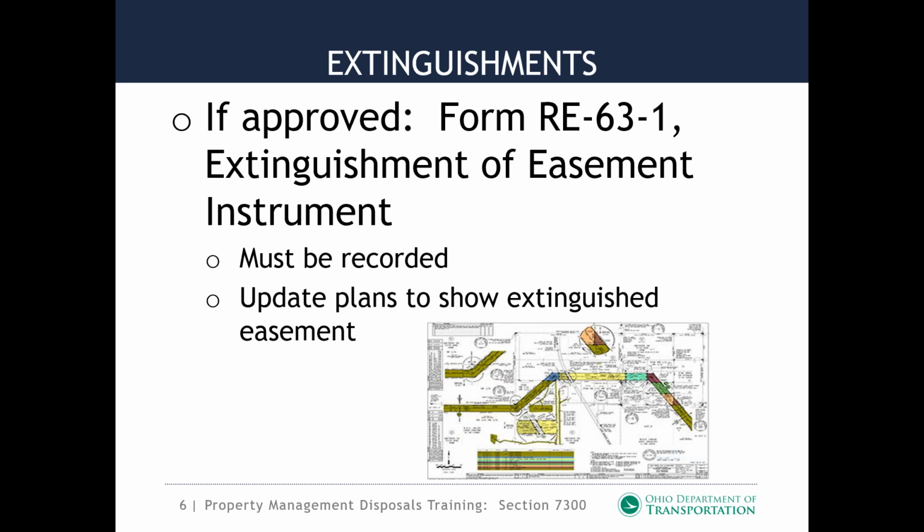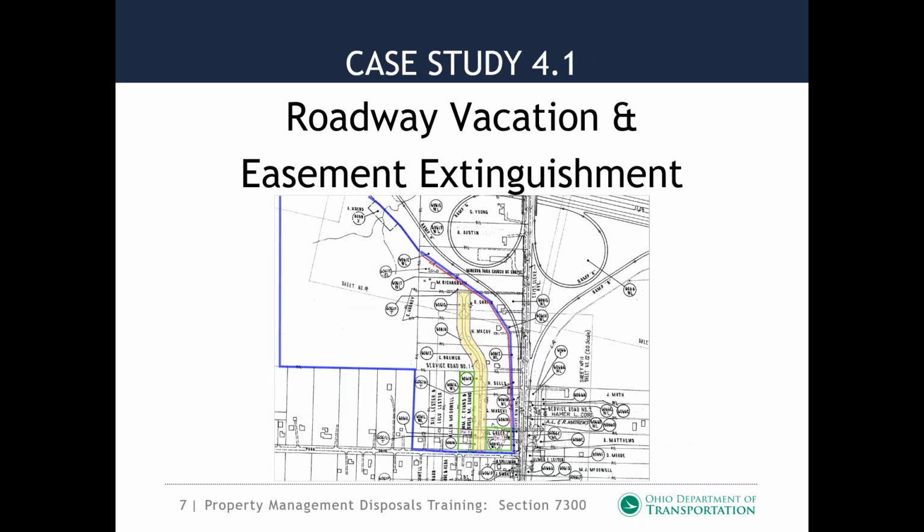We're going to get right into a case study about roadway vacation or easement extinguishing. As you see in the picture, there is a road that's highlighted in yellow. And then for the first question, we're assuming that a property developer has bought everything surrounded in blue.